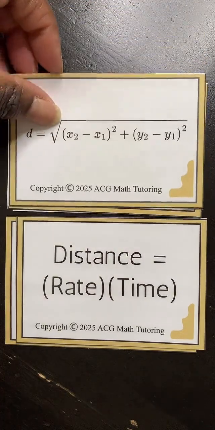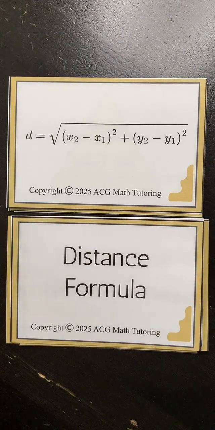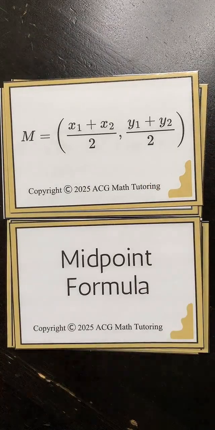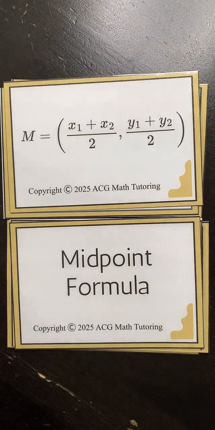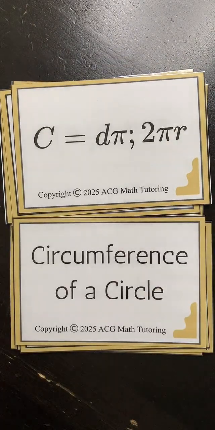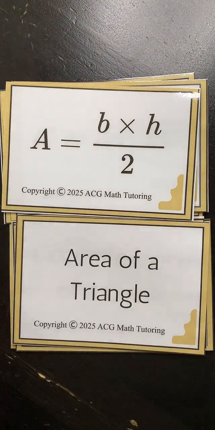You need to know this formula, which is your distance formula. So how do I get from one point to another? If you want to know the midpoint formula, you need to know that. Definitely should understand circumference of a circle. Definitely need to get your area of a triangle.